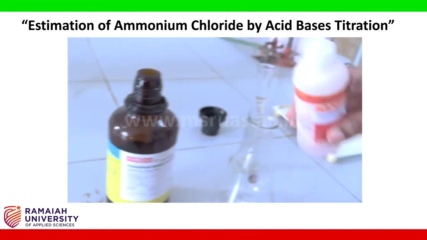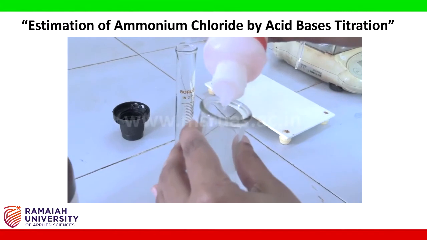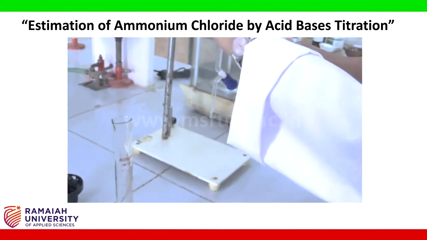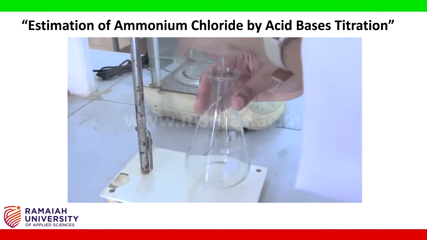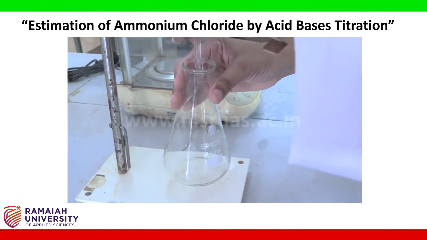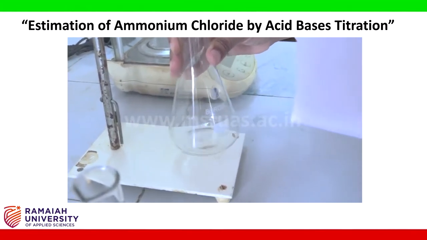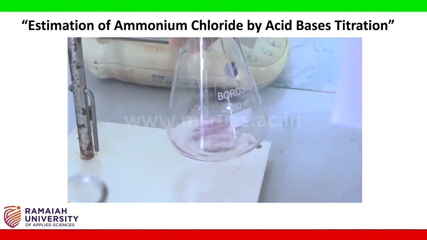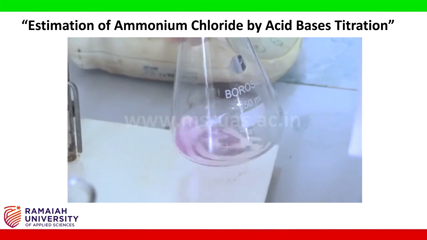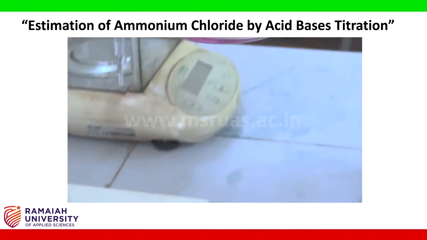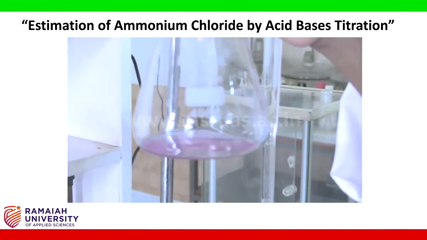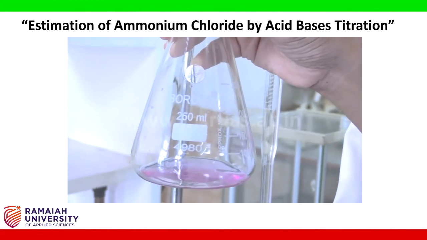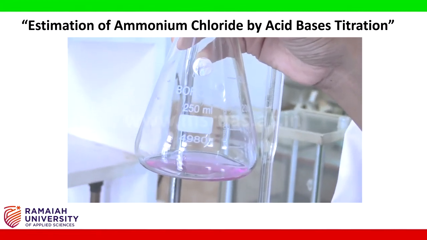Add 2 drops of phenolphthalein indicator and neutralize with sodium hydroxide solution. Appearance of pale pink color indicates that formaldehyde solution is completely neutralized with sodium hydroxide solution using phenolphthalein as indicator.